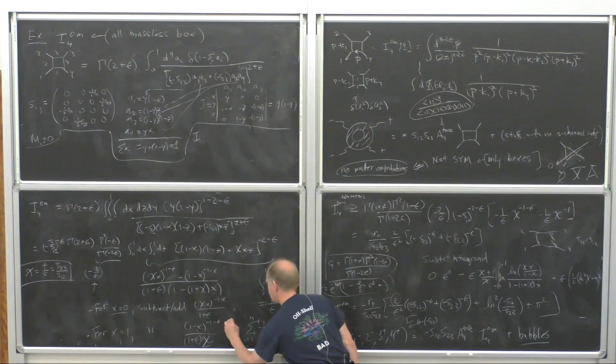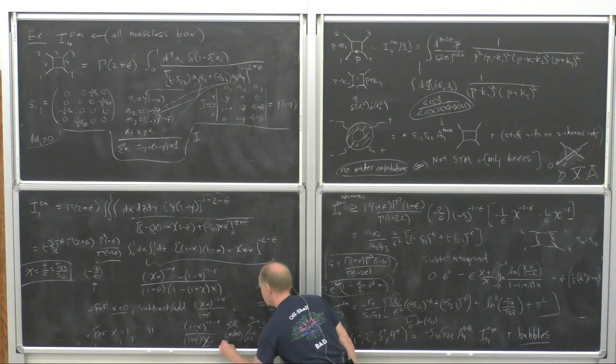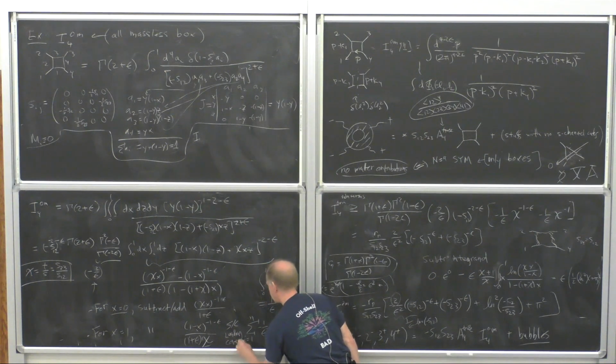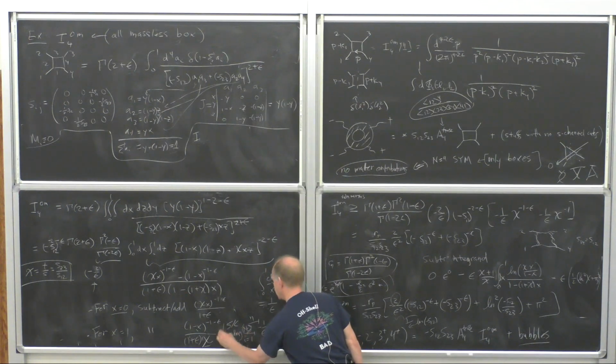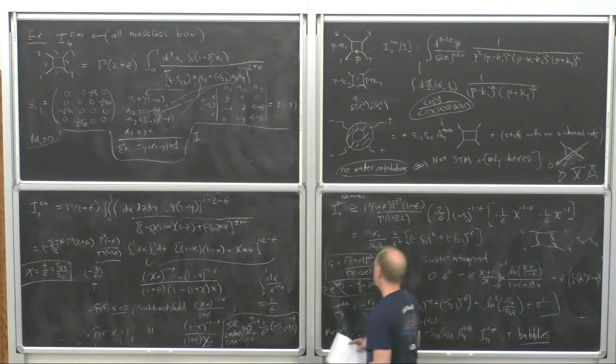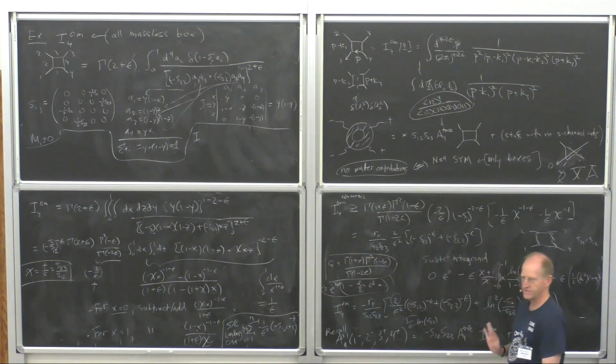Now this is the soft collinear leading color piece. And there should really be an overall factor of NC, which I've been loose with. But anyway, you can understand a lot of these factors.